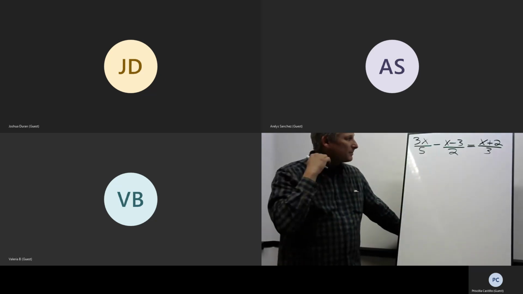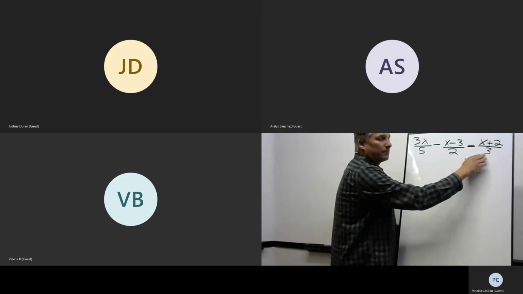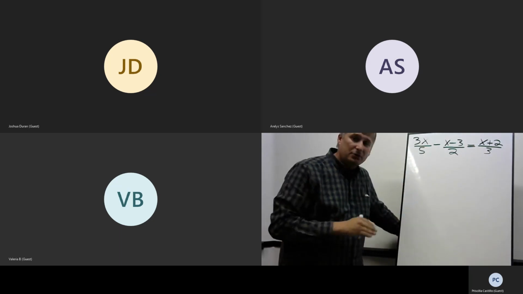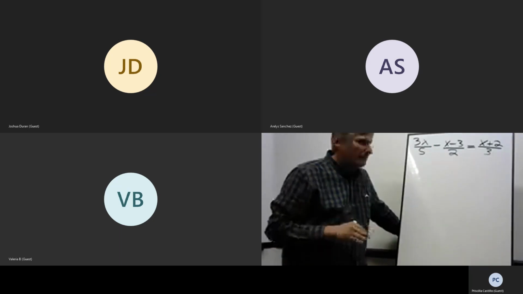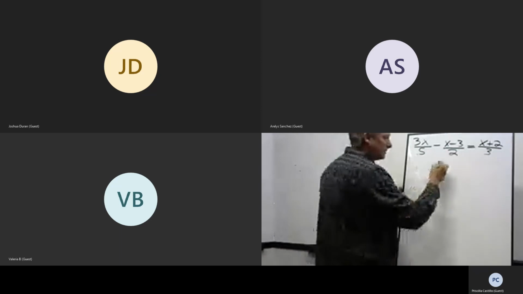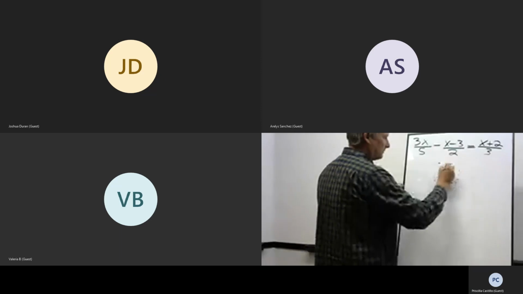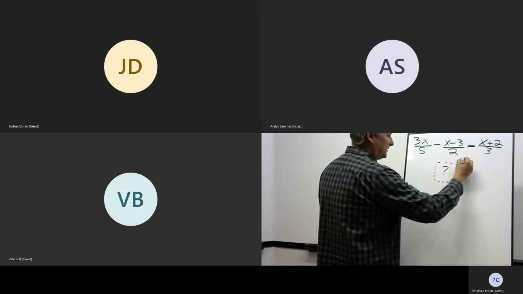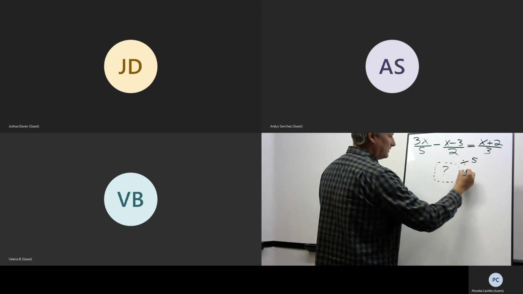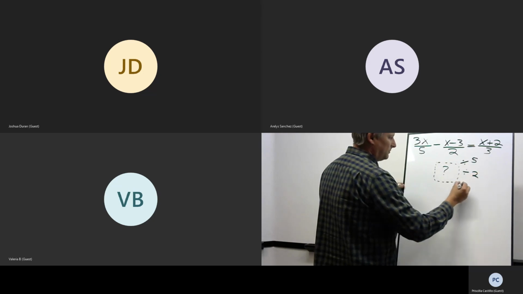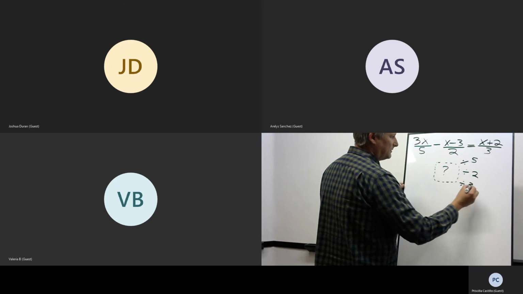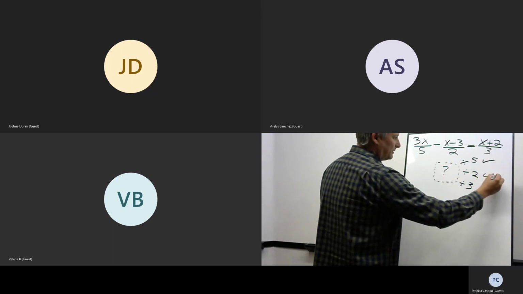We want to find something we can multiply each term by that will cancel those denominators, eliminate them. So we want some mystery number that's divisible by 5, divisible by 2, and divisible by 3.